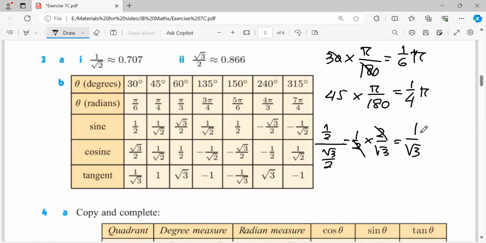Or we can simplify by multiplying by square root of 3 over square root of 3. It becomes square root of 3 over 3. Okay. With the same procedure, you can find all of these numbers.